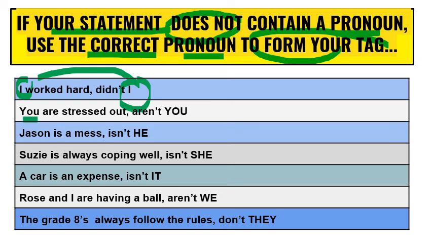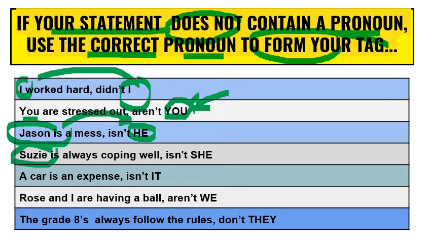And you are stressed out, aren't you? That stays the same. But here, Jason is a mess. Now I have to figure out Jason is a singular male. Therefore, I'm going to use Jason is a mess, isn't he? I'm not going to say Jason is a mess, isn't you? Or Jason is a mess, isn't she? Jason is a mess, isn't he?